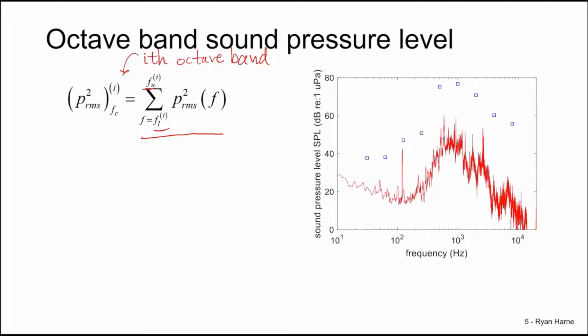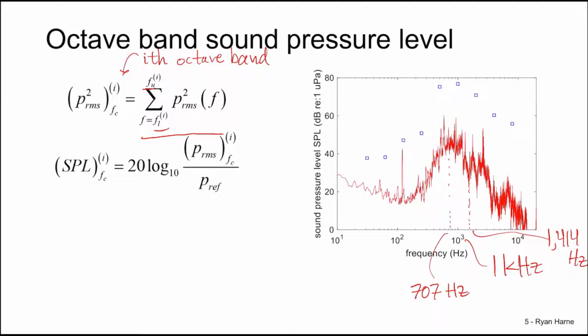We can then sum over a given frequency range, such as what we might have for the 1 kilohertz octave band, from about 707 hertz to 1414 hertz, to find our overall sound pressure level for that specific octave band.